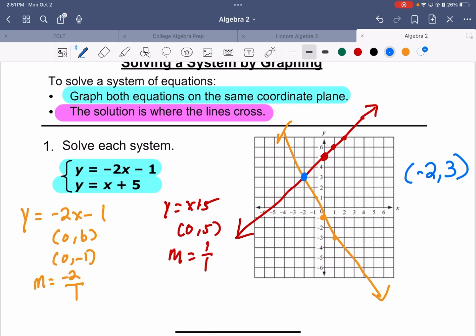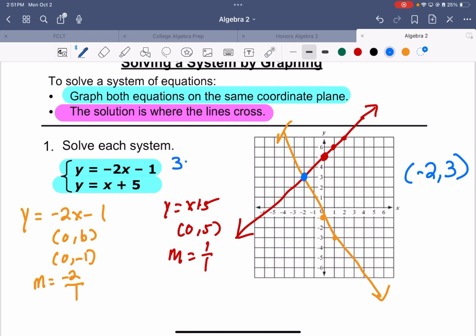Now here becomes the problem with graphing. You have to be very, very accurate when you're graphing. I've got graph paper sitting up in front of me, and I wouldn't even trust myself to know if that's right or not. The only way I know if that's right or not really is if I check it. So if I check this one, I plug it into the first equation.